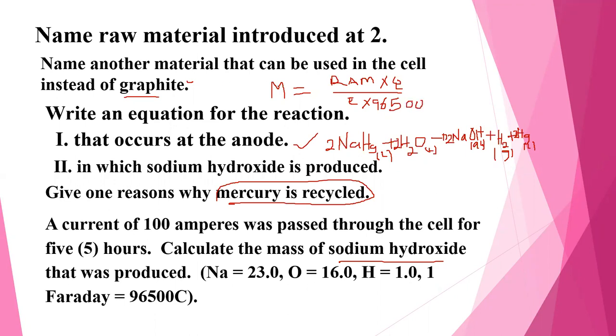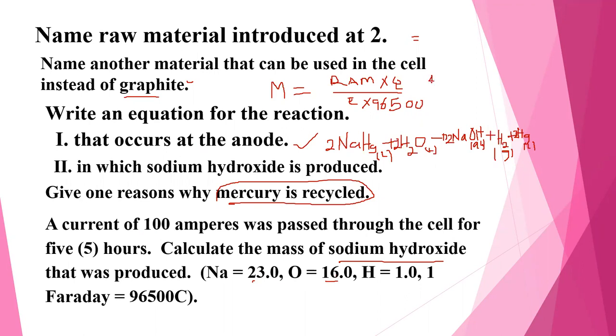If you master this formula, then you will be able to get that. So let's see the RAM of sodium hydroxide, that is 23 plus 16, it will be 40.